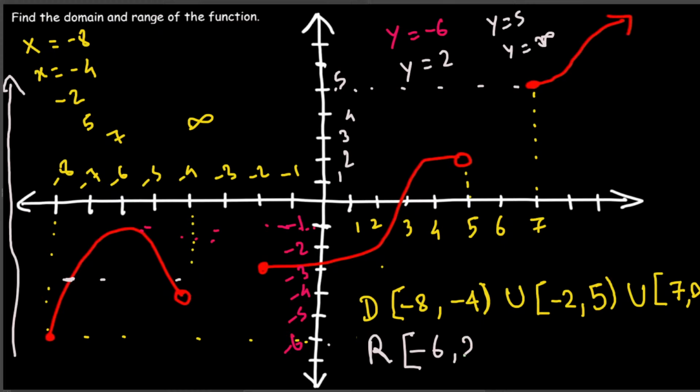So 2, and 2 is not included because there's an open circle. So I close it with a parenthesis, and then union, and again the y value starts at 5, and 5 is included because this is a closed circle, and then it goes to positive infinity, and whenever we have infinity we close it with a parenthesis.